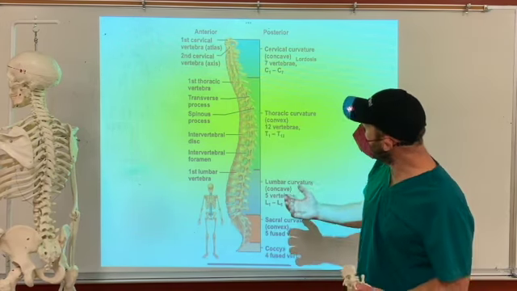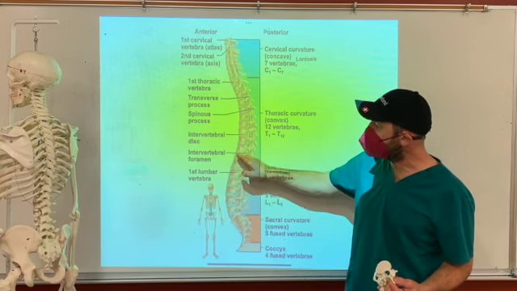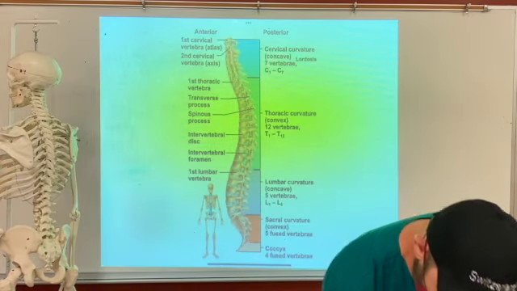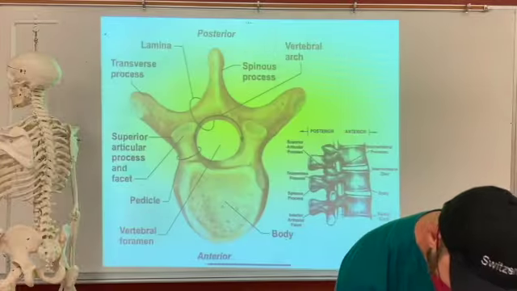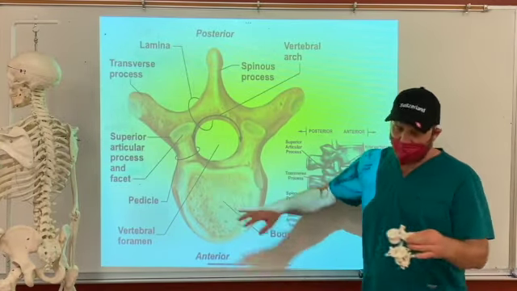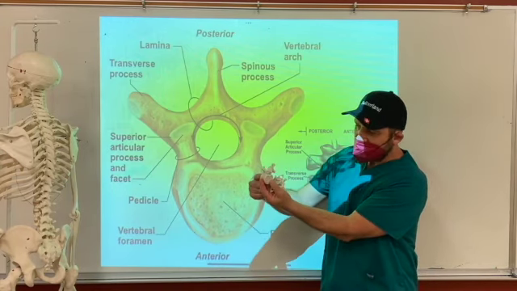So what we're going to do now, we're going to look at one of these vertebrae as a generic vertebra. I usually use the low back one, the lumbar one. And we look at it like that. So we lay it flat. The big piece is in the front, the bottom here. This is actually the front piece.